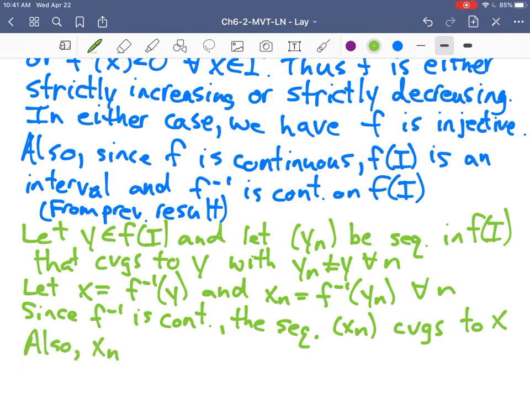Also x sub n is not equal to x for any n, since f is injective.